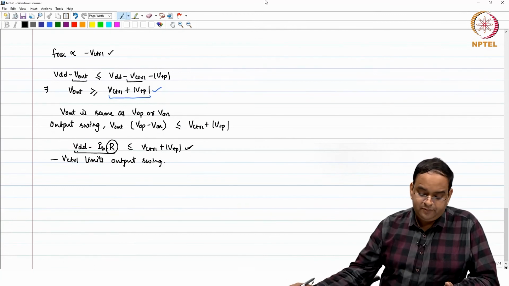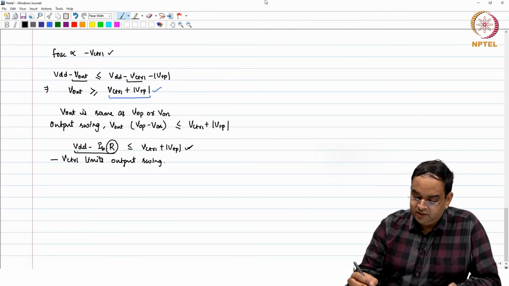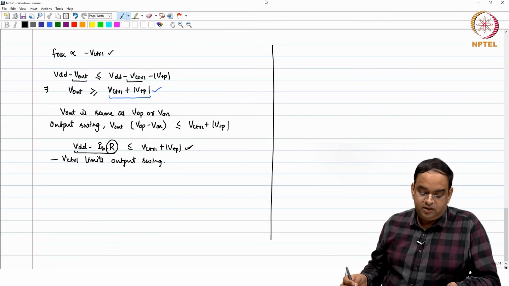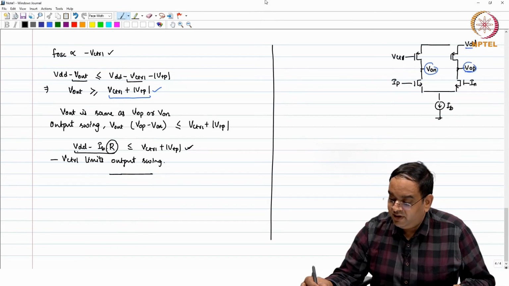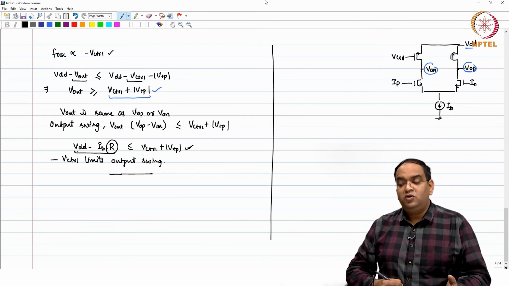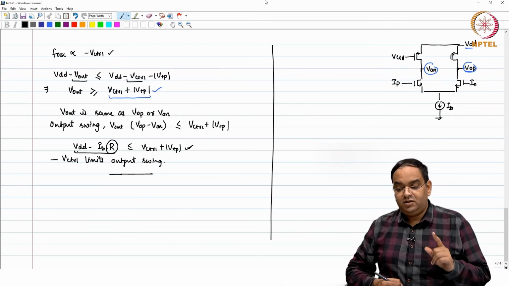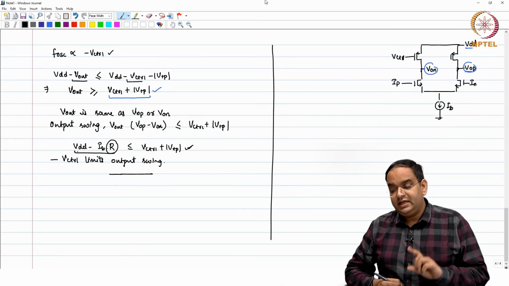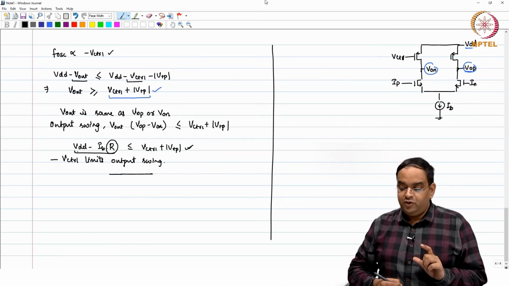If we look at our oscillator, we will look only at one particular cell. V control controls the output resistor and thereby controls the output frequency.